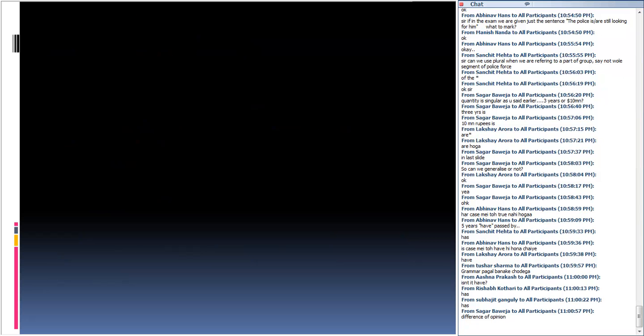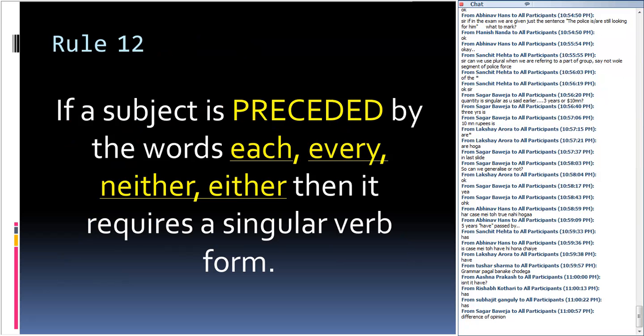Rule number 12, if a subject is preceded by these words, each, every, neither, either, then it requires a singular verb form. सब्जेक्ट से पहले आने चाहिए ये वर्ड्स, तो फिर सिंगुलर वर्ब फॉर्म होता है, ठीक है ना?